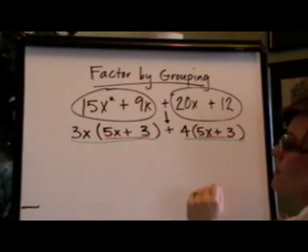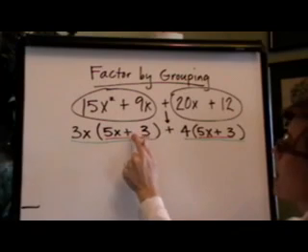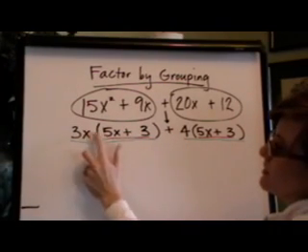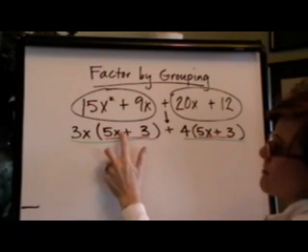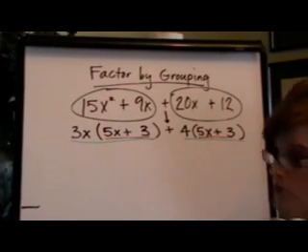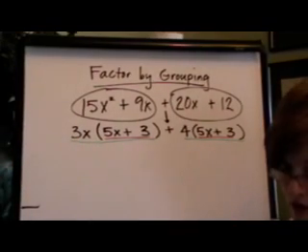The next thing that I'm going to do is I'm going to pull out the common red factor. This is a factor, and this is a factor. There's a common red one here and here. I'm going to pull out the common red factor out to the front of the huge green binomial.